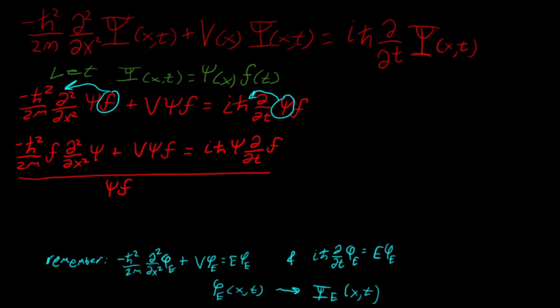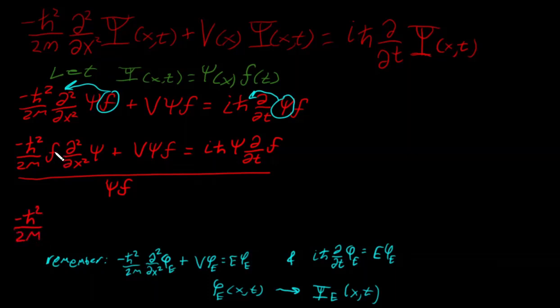And notice what this will do. When we divide, we have to divide every term. Now, when we take this first term, and I'll expand it term by term, we're going to get negative h bar squared over 2m.